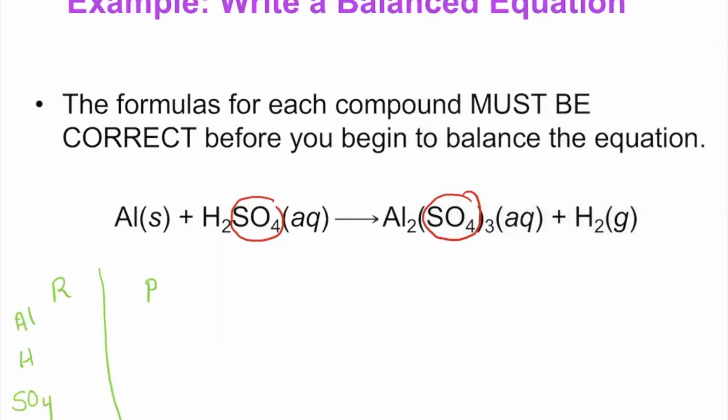Now I count the atoms that I have. For the aluminum, I have one in my reactants and I have two in my products. For my hydrogens, I have two, and I have two. For my sulfates, I have one and I have three. So I'm going to start by balancing my sulfates.